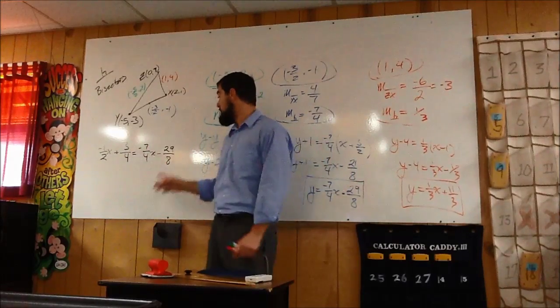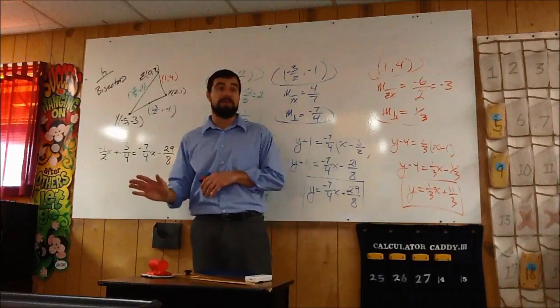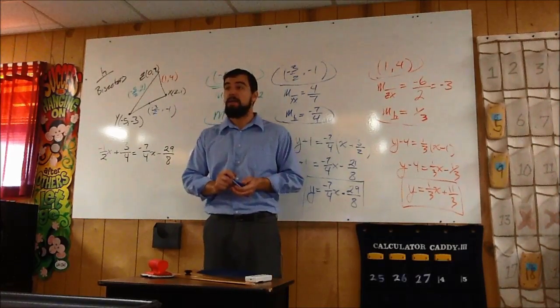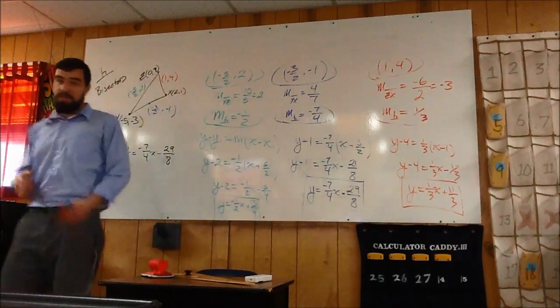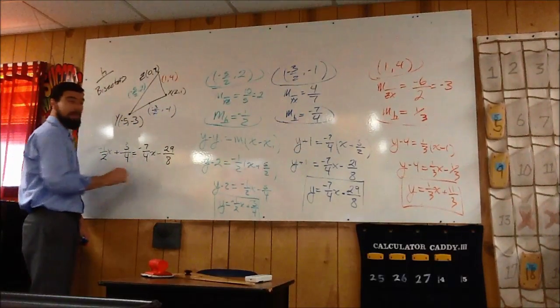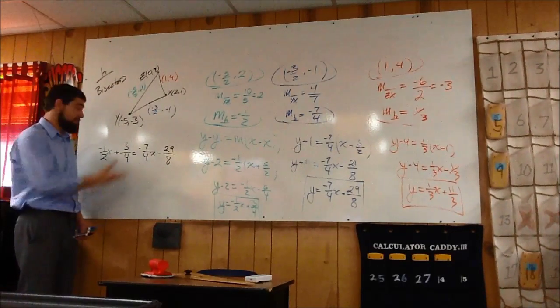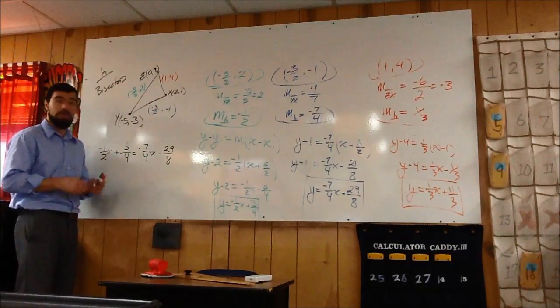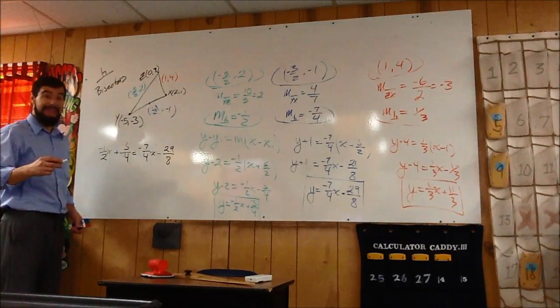So we know that we can multiply both sides of this equation by whatever we want, as long as whatever we do to the left-hand side, we do to the right-hand side. So what number are we going to choose? Well, if we multiply by the common denominator, then all of these fractions will turn to whole numbers, or the coefficients will turn to whole numbers. So what's the common denominator of these 4 fractions? 8.